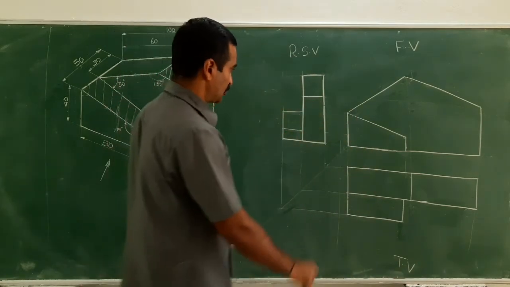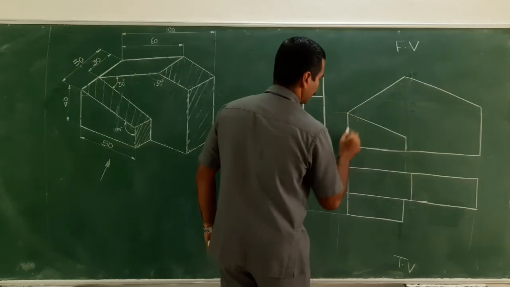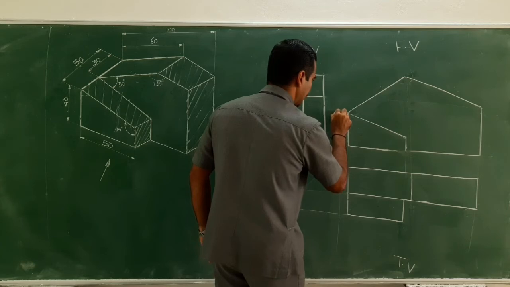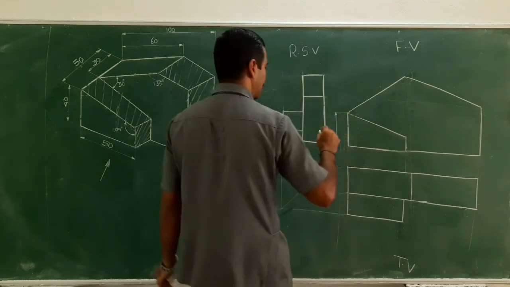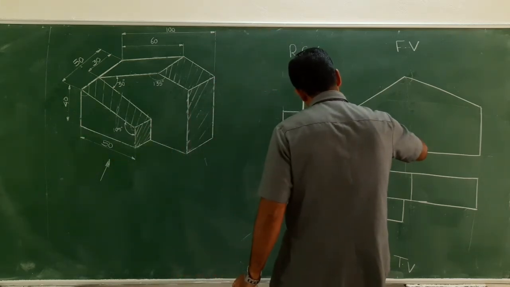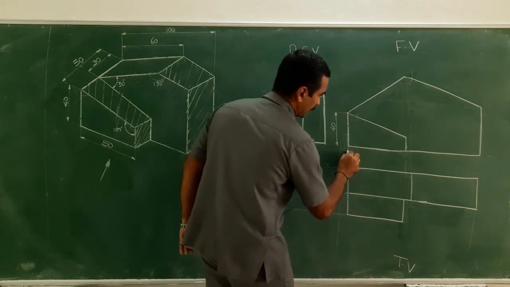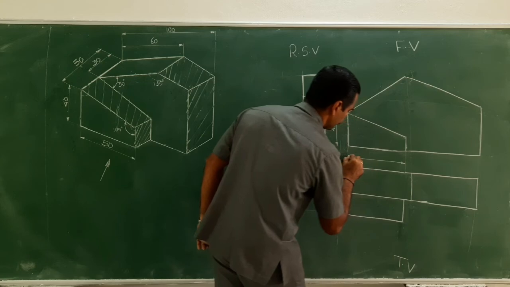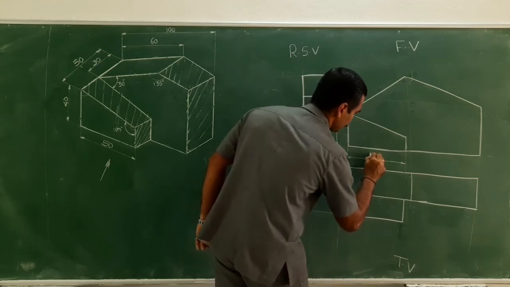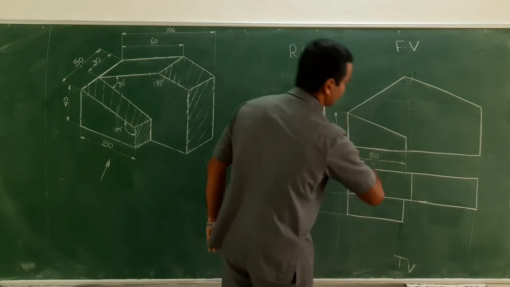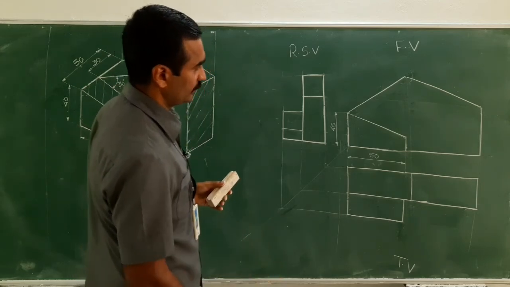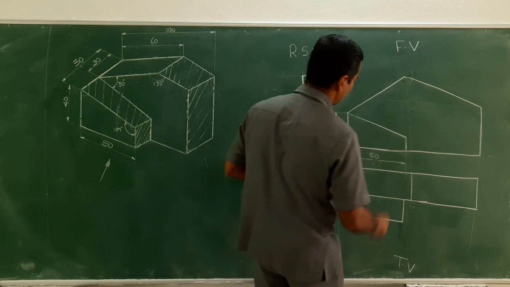Now, the dimensioning. So the height of this particular portion is 40 mm, and up to here it is 50. Correct? Next, the total length is 100.